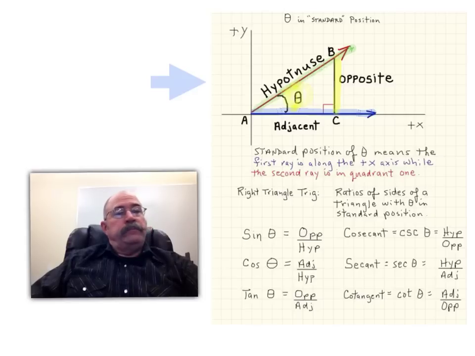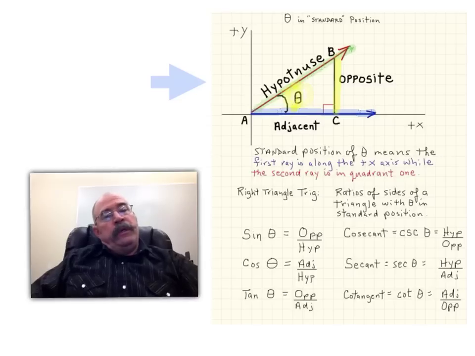So, right triangle trig, ratio of the sides of the triangle. Every triangle that has a specific ratio between, for example, sine of theta is the ratio between the opposite side and the hypotenuse.